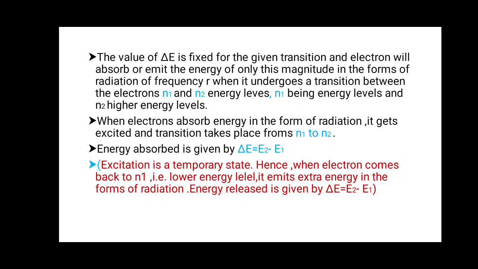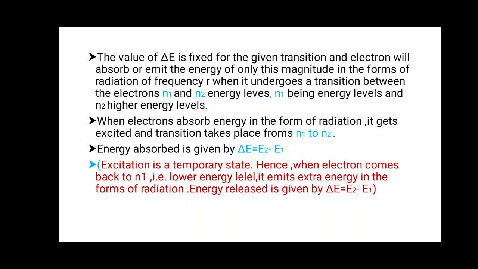n1 is the starting energy level whereas n2 is a higher energy level. When an electron absorbs energy in the form of radiation, it gets excited and a transition takes place from n1 to n2.